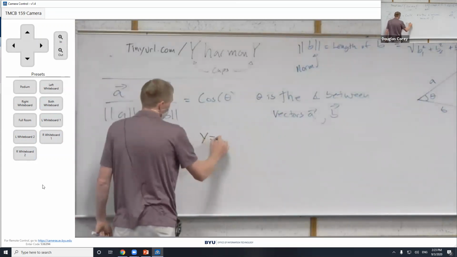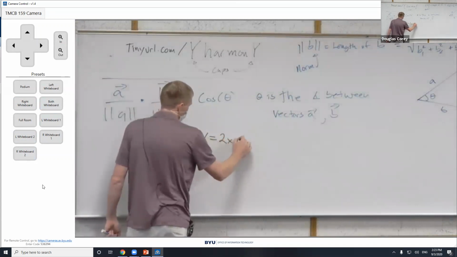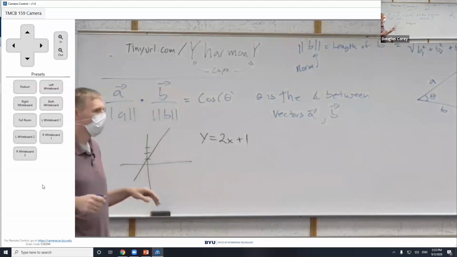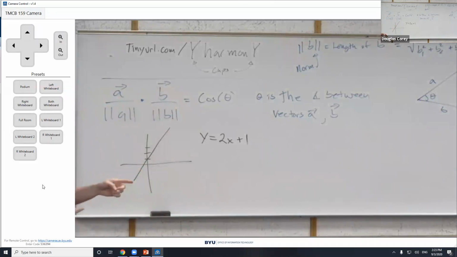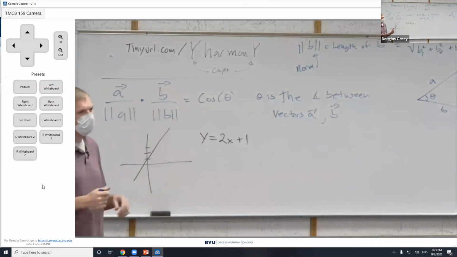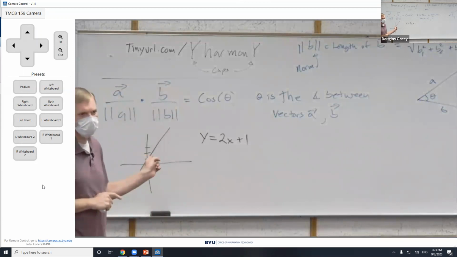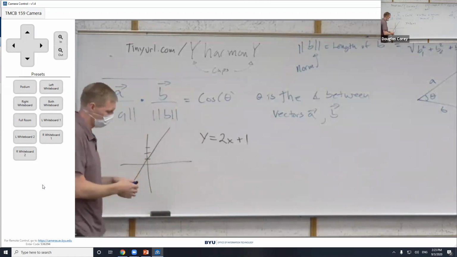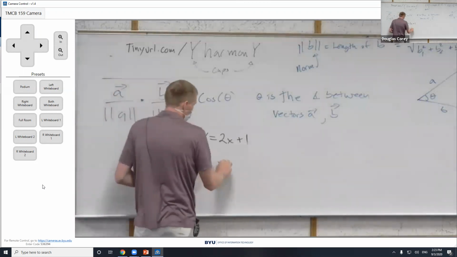If I take y equals 2x plus 1, your college algebra or pre-calc teacher may have said something like, find an equation of a line whose slope is perpendicular to that line. What slope would the equation of the line have to be perpendicular to this? -1/2.